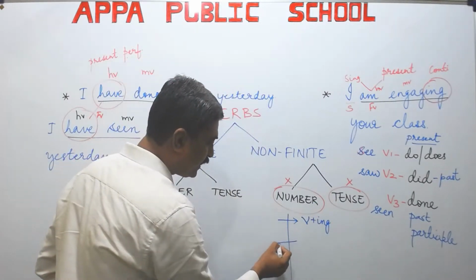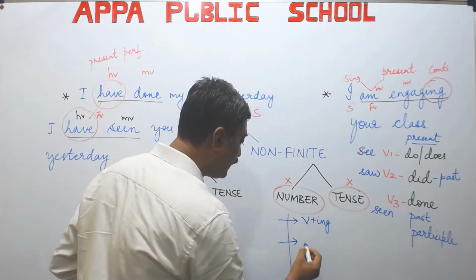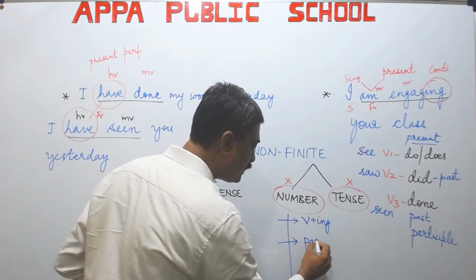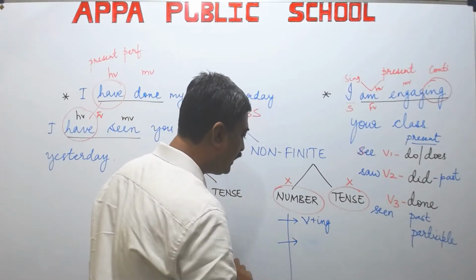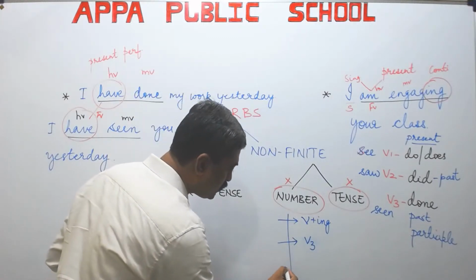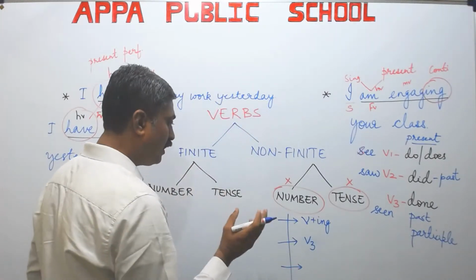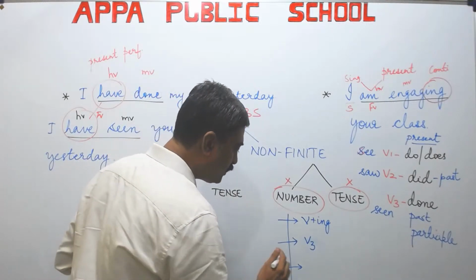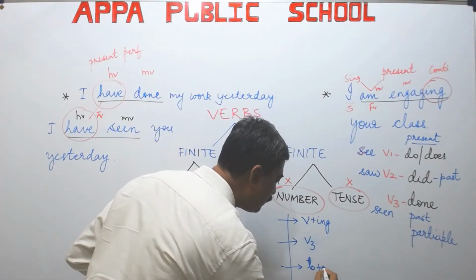The second non-finite is the third form of the verb, that is the past participle. Let me represent it as V3, the third form. And the last one is the to form of the verb, like to watch, that is, preposition to plus verb.